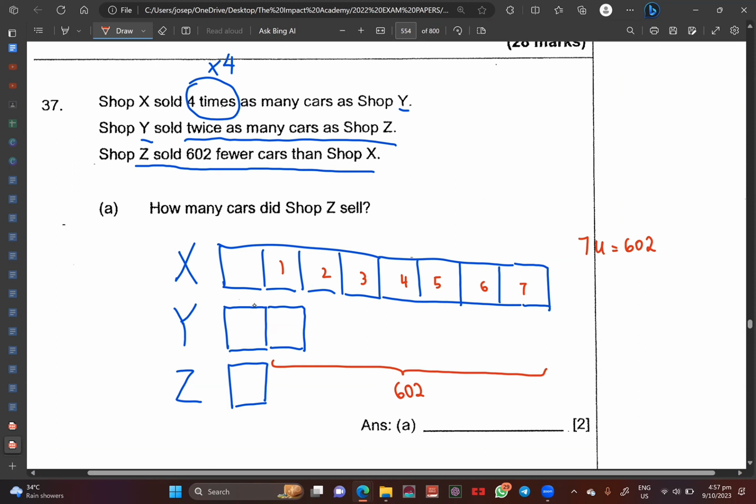Yeah. So we are going to get to Mr. Greenman. Always get to Mr. Greenman first, which is my 1 unit. How do we get to Mr. Greenman? We just have to do 602 divided by 7. Agree or disagree?